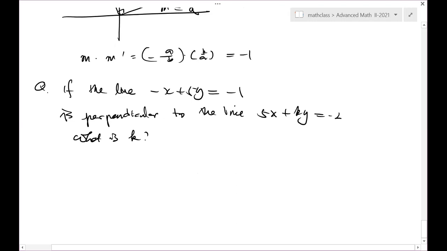Please work this out. In the second line, k is not given explicitly, right? But I know those two lines are perpendicular to each other, so k cannot be arbitrary. So please work this out and give me the answer.